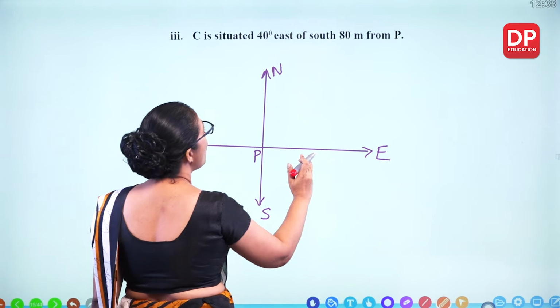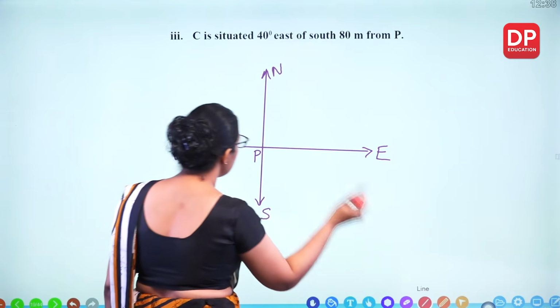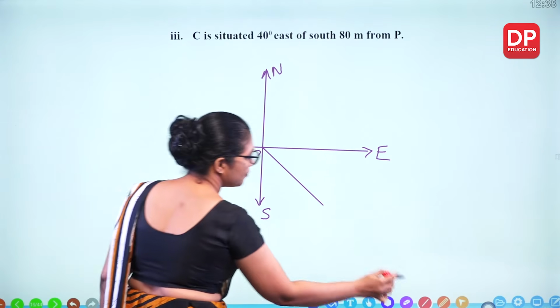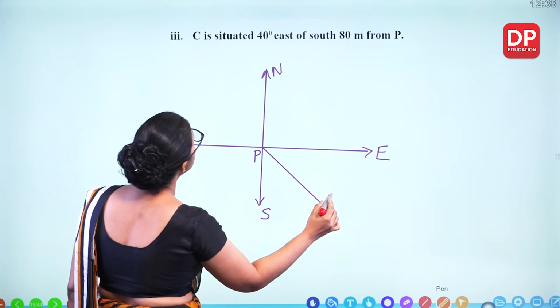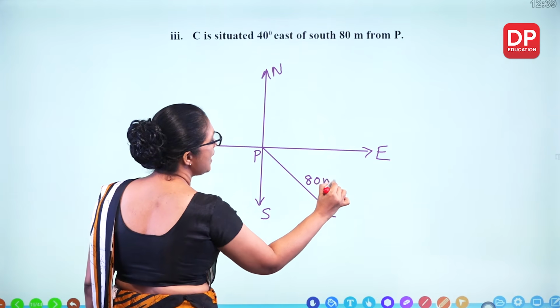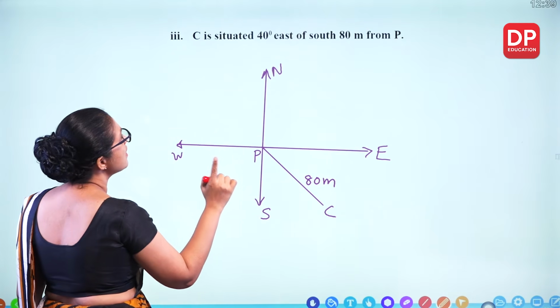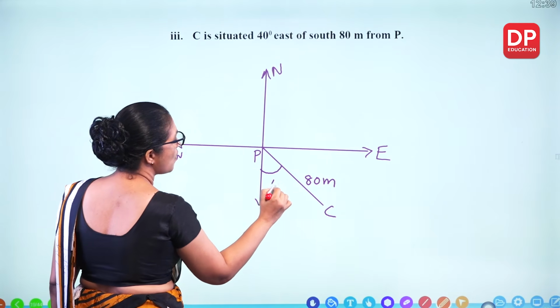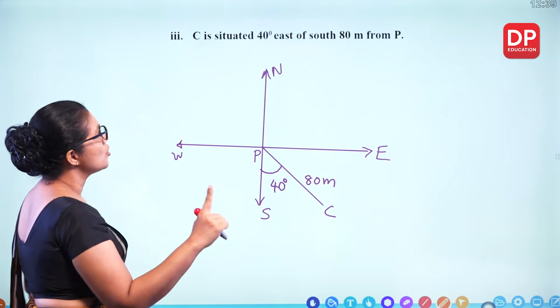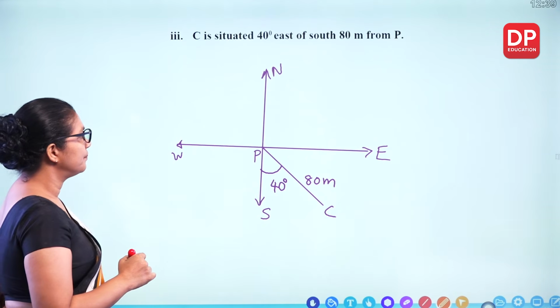From south, 40 degrees. So now the angle is here. What's the point? C. This is 80 meters from P. And what's the direction? 40 degrees from south towards the east side.